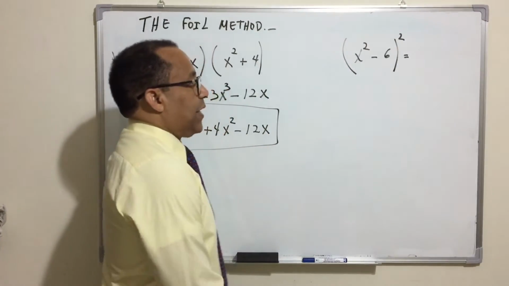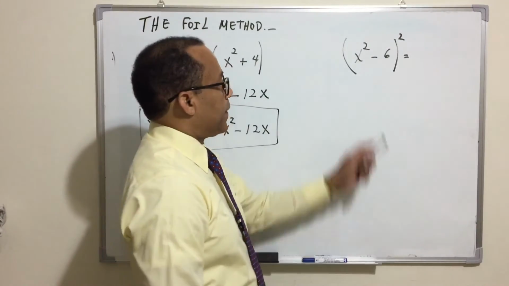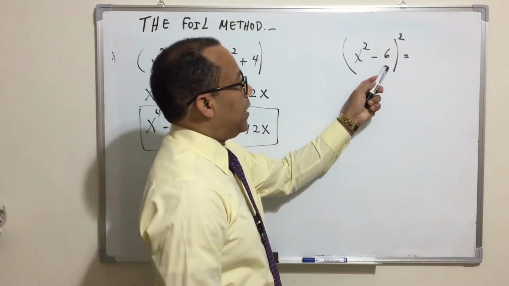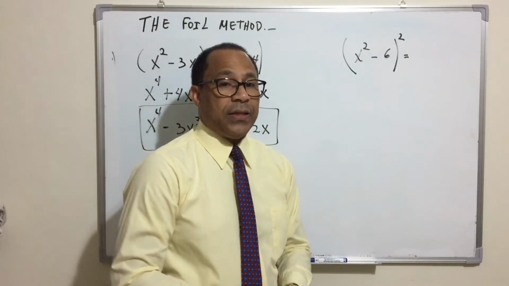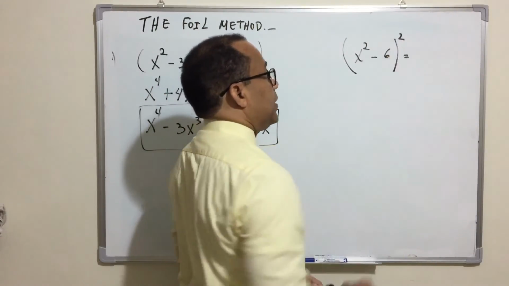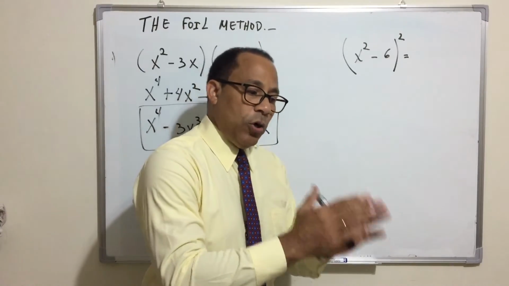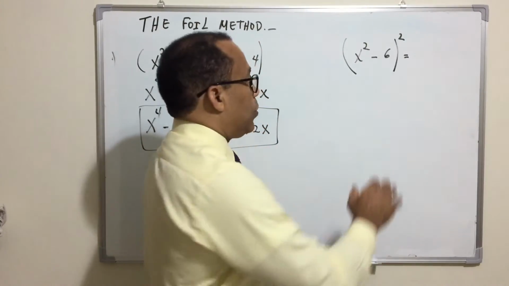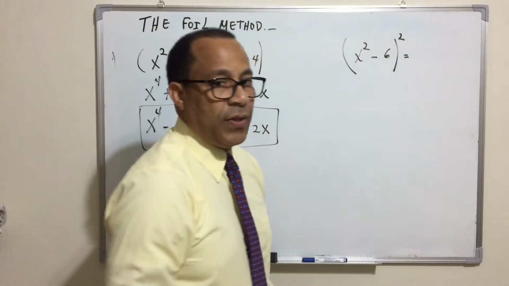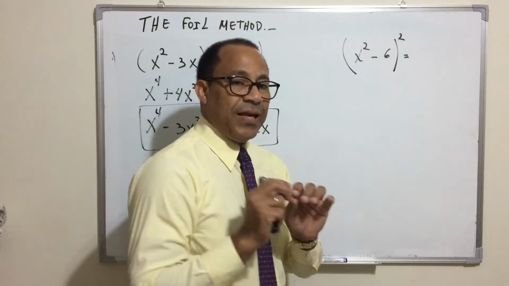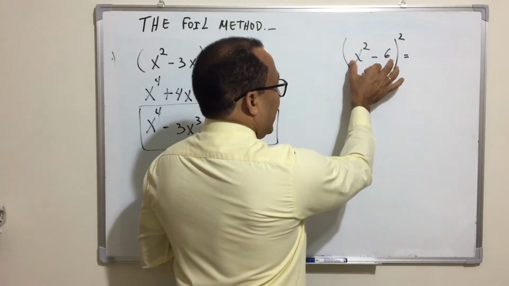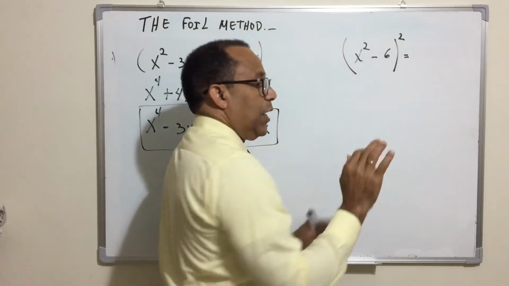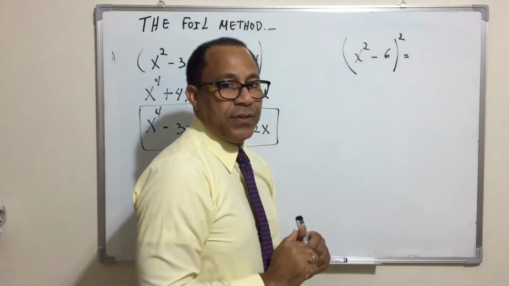Our second exercise says x to the second minus 6 to the second power. Let's remember that the exponent tells you the number of times that you are going to multiply the expression. So this number 2 is telling you that you will have to multiply x to the second minus 6 2 times.